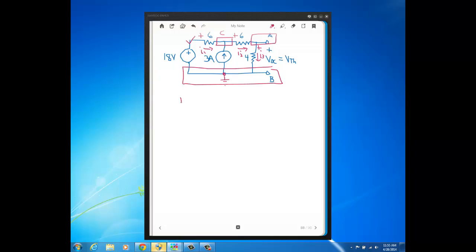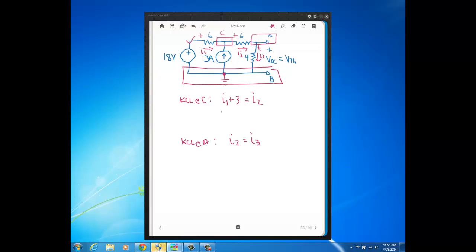So KCL at C is just going to be I1 plus 3 amps equal to I2. KCL at node A is just I2 flowing in equal to I3 flowing out.